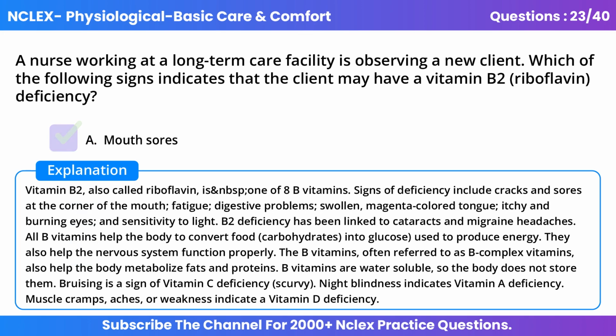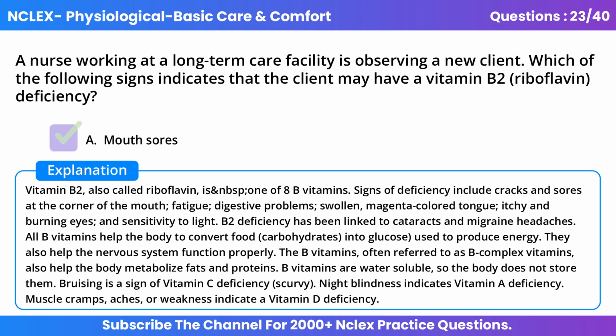Vitamin B2, also called riboflavin, is one of 8 B vitamins. Signs of deficiency include cracks and sores at the corner of the mouth, fatigue, digestive problems, swollen, magenta-colored tongue, itchy and burning eyes, and sensitivity to light.